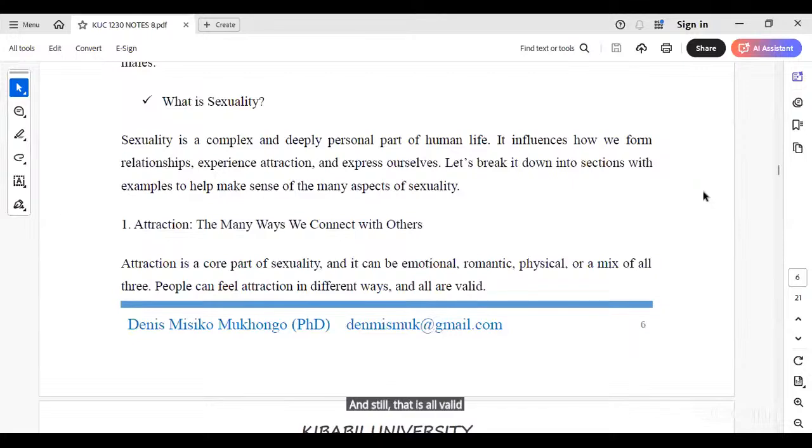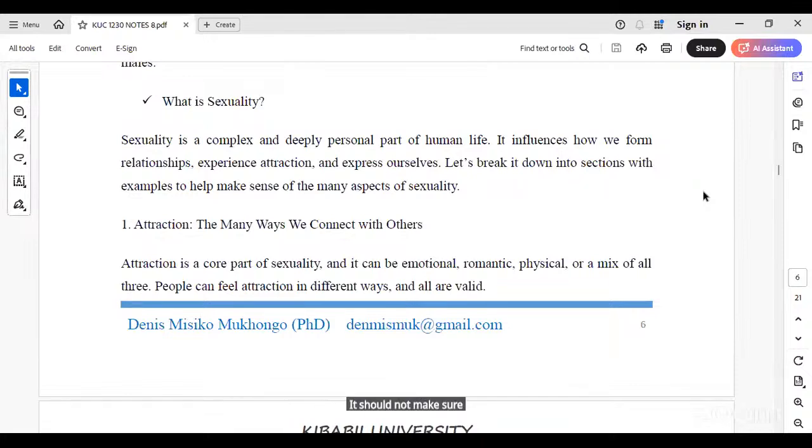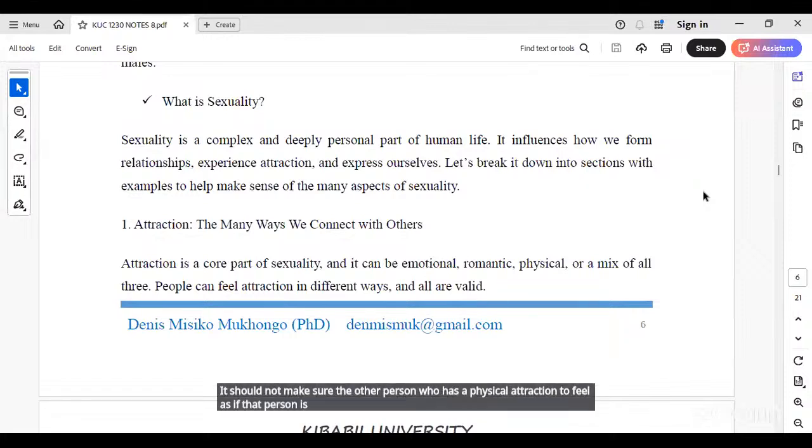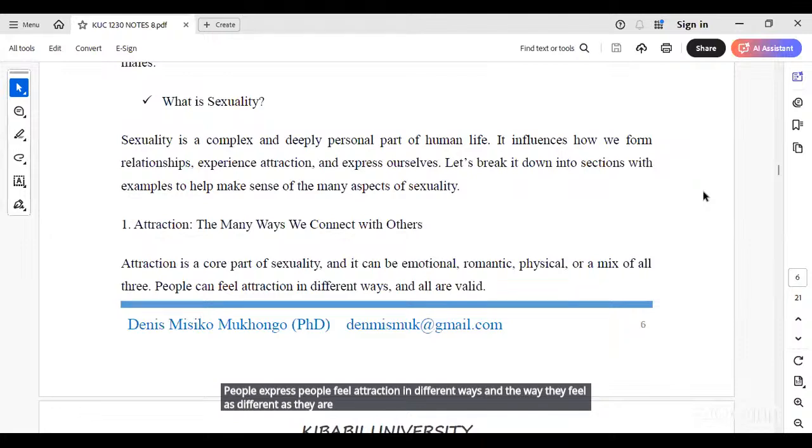So when your way of expressing attraction is emotional, it should not make the other person who has a physical attraction feel as if that person is not normal. People feel attraction in different ways, and as different as they are, all those ways are valid. Okay.